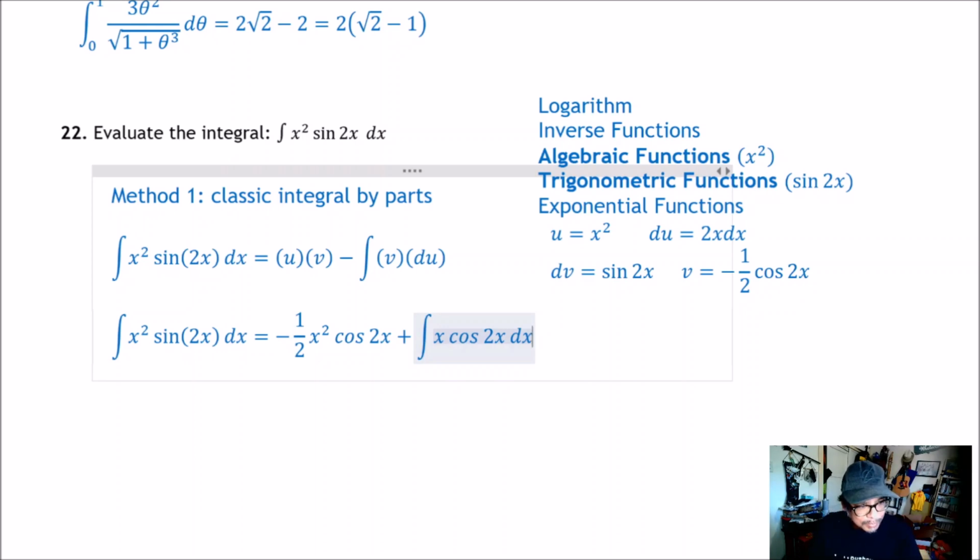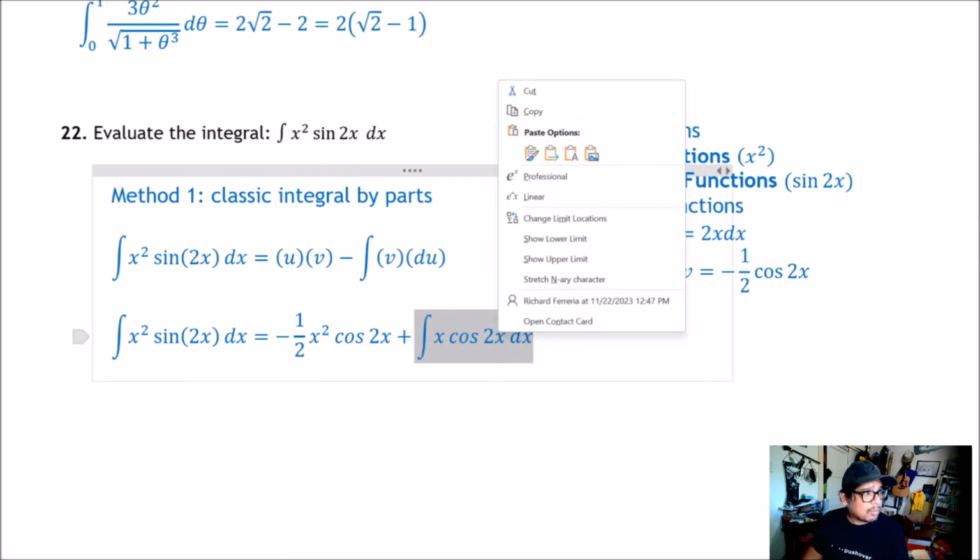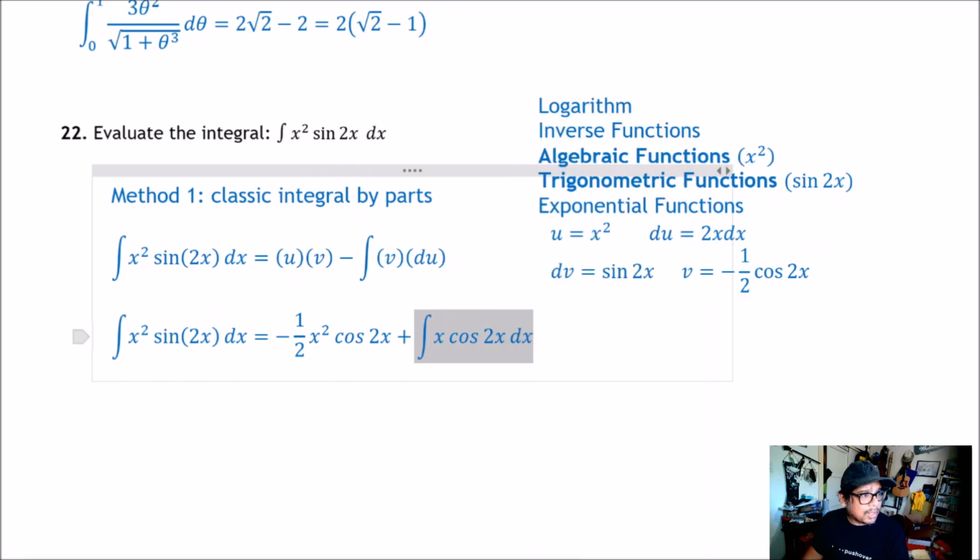Now, this is problematic again because there's no u substitution to make. If you've done this a few times, then you realize that you're going to have to do this integral again. So let's switch colors here, and I think we'll switch to green and do this second little bit with green. Let's do another LIATE.